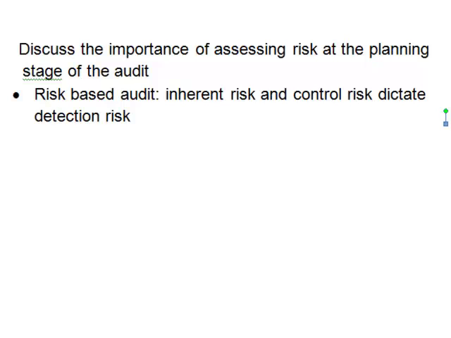Those two together will dictate how much work the auditors have to do to keep the audit risk down. So if you have no idea what the inherent risk is and what the control risk is, you have no idea how much work you need to do to be able to give your audit opinion with reasonable confidence.